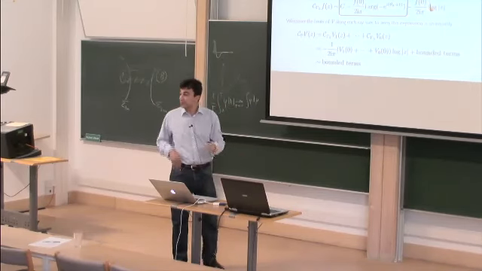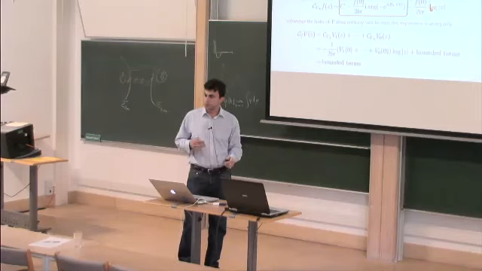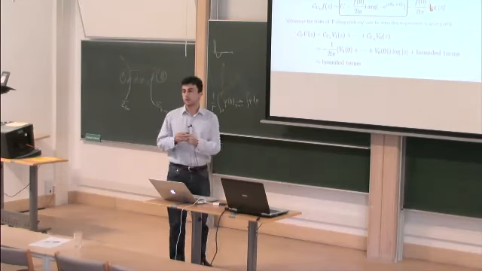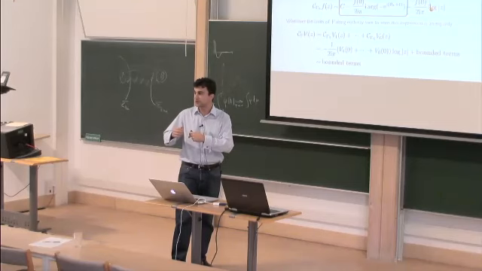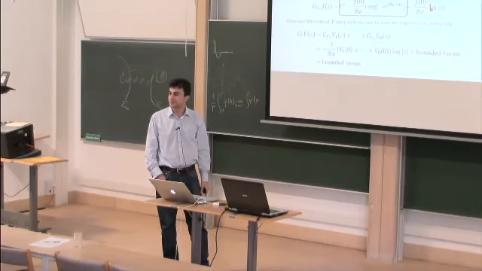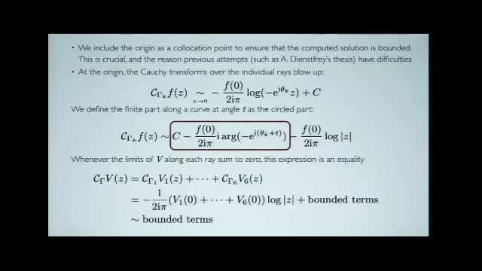But then if we're fortunate enough, which the true solution must satisfy, that the limit along each ray of what we're approximating sums to 0, then this is automatically bounded. The logarithmic term vanishes. Okay. So what we're going to end up doing is just throwing out the logarithmic term, ignoring it completely, and defining the Cauchy transform as 0 as the bounded part.